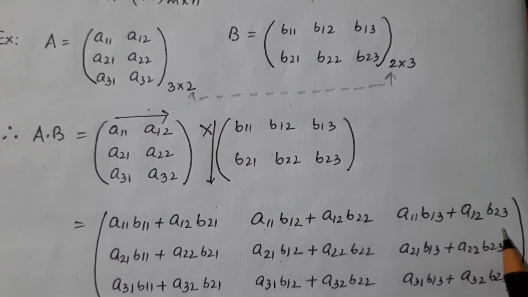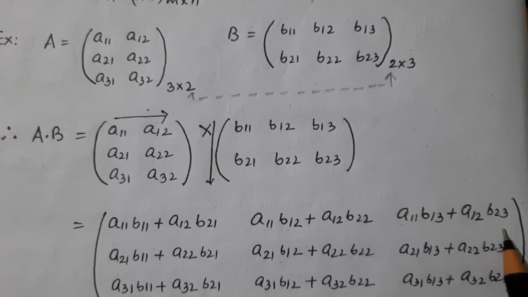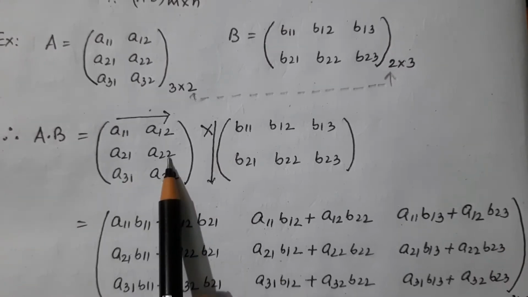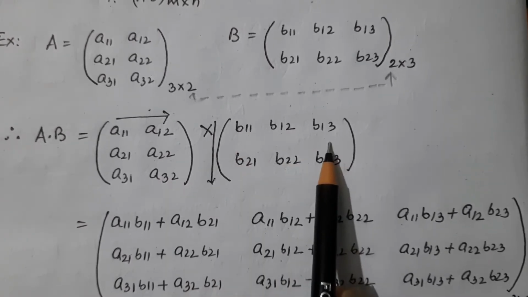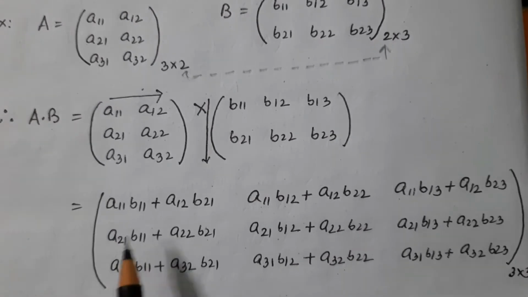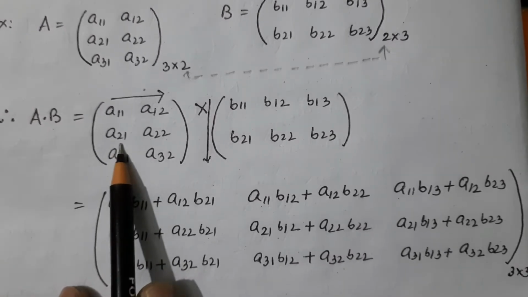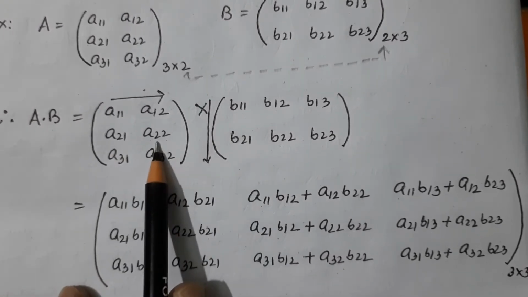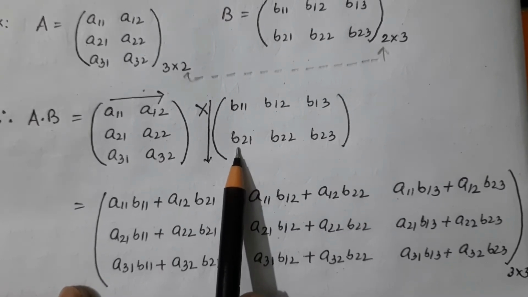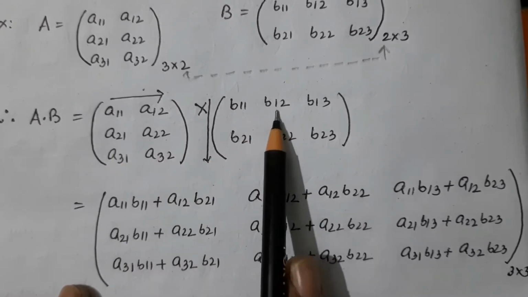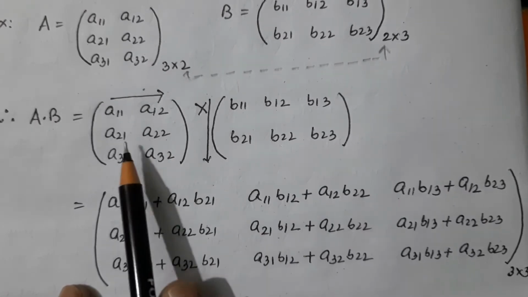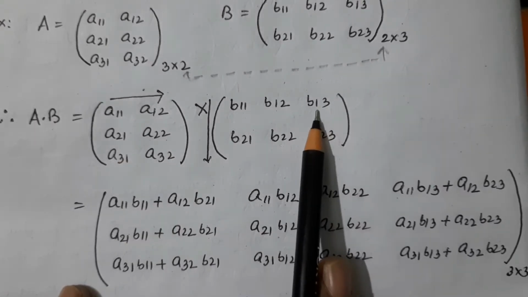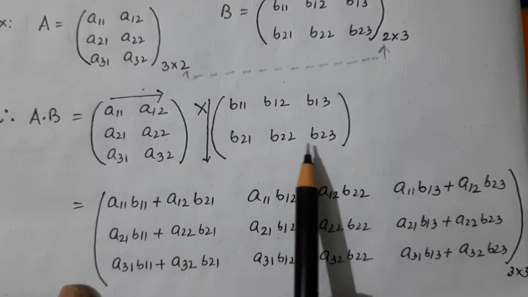This process can be executed similarly for the second row of the first matrix multiplied with each and every column of matrix B, and we get A21 B11 plus A22 B21, A21 B12 plus A22 B22, A21 B13 plus A22 B23.